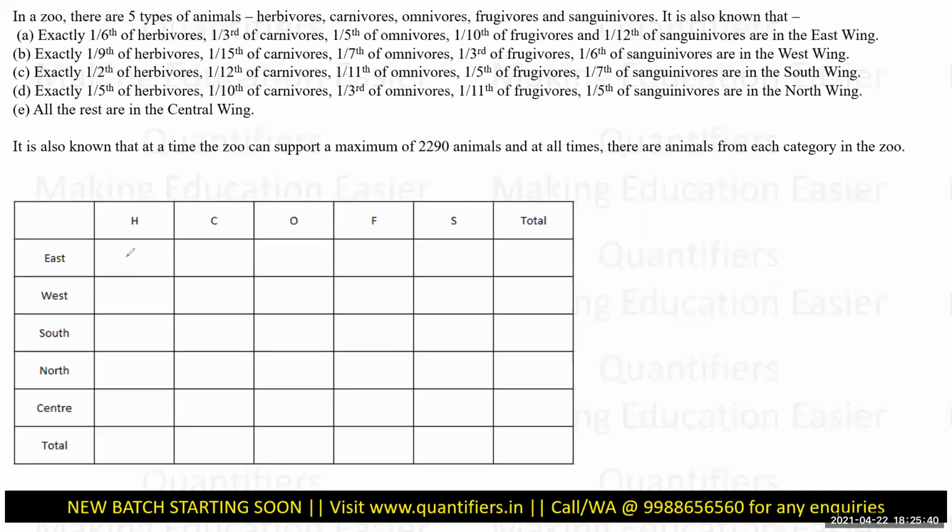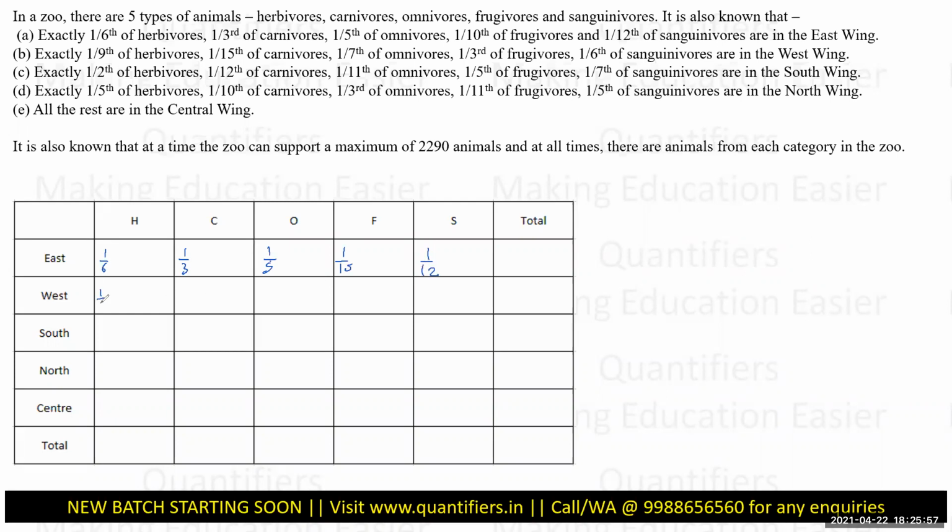Right now, what are herbivores? 1/6, then 1/5. 1/6, 1/3, 1/15, 1/5, 1/10, 1/12.